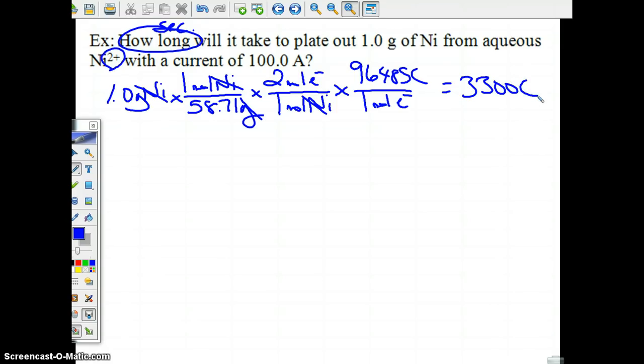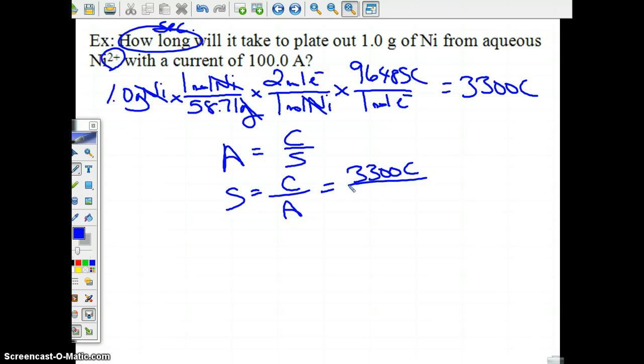And then since we know that an amp is a coulomb per second, I can do my 3,300 coulombs. It's actually better if you don't round until the very end, but divided by 100, 33 seconds. Which is pretty fast, but we're using a lot of amps. I don't think that's a realistic amount of amps, but I wanted you to see what it was.